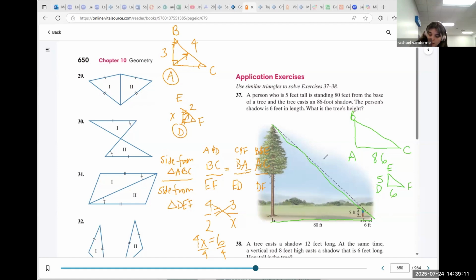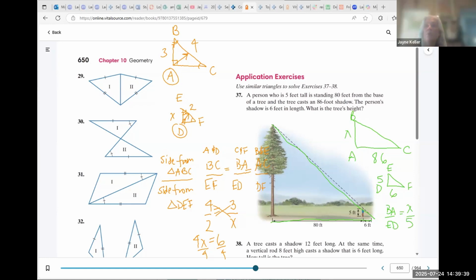And we have all of these ratios set up here. So we can use BA to ED. We don't know BA, but that's what we want. And ED is 5.